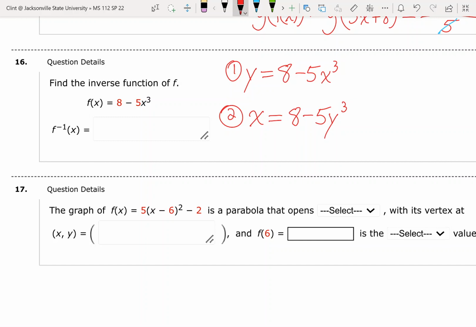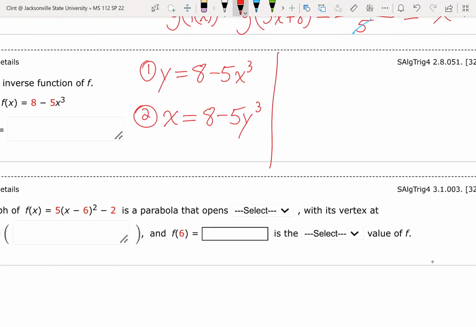And now the last step, we solve for y. Step 3. I'm going to subtract 8 from both sides. Divide both sides by -5. We're almost there, but we just want y.